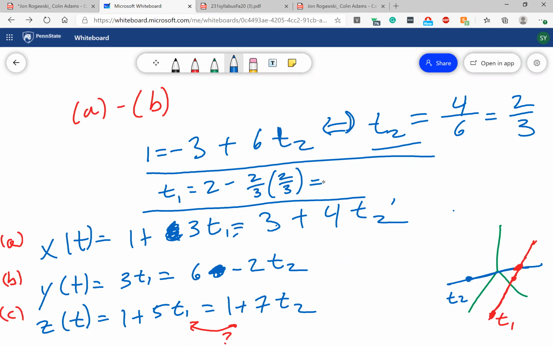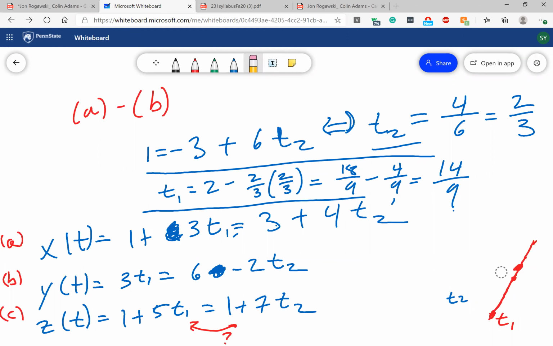And this is going to be 2, so 18 over 9, minus 4 over 9, which is equal to 14 over 9, right? And this is T1. So T2 is 2 over 3, and T1 is 14 over 9.